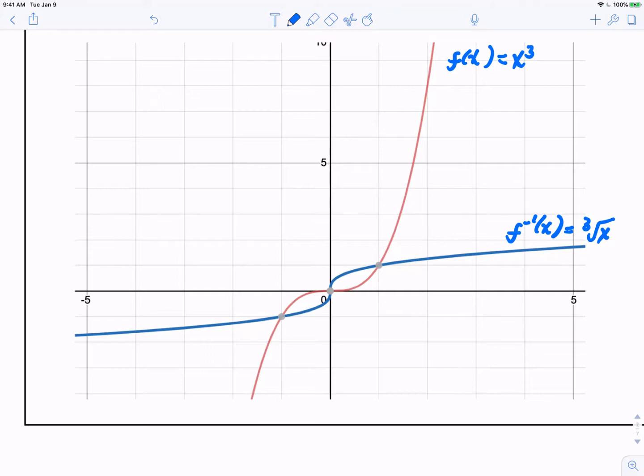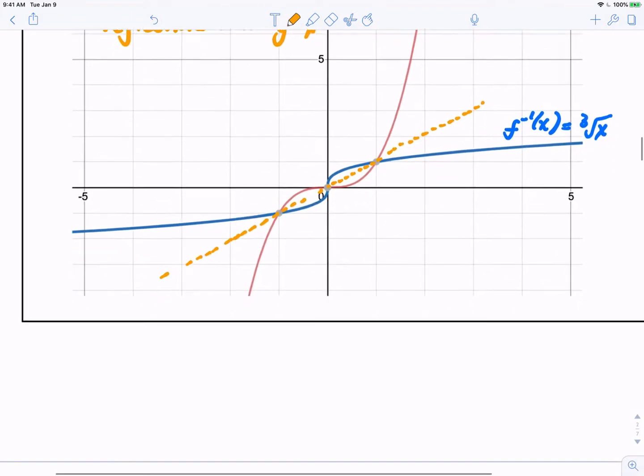One thing to notice is that one is a reflection of the other. A function and its inverse are always reflections over the line y equal to x. So that's how the function graph and its inverse graph are related.